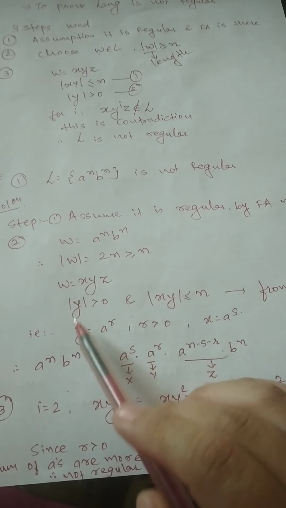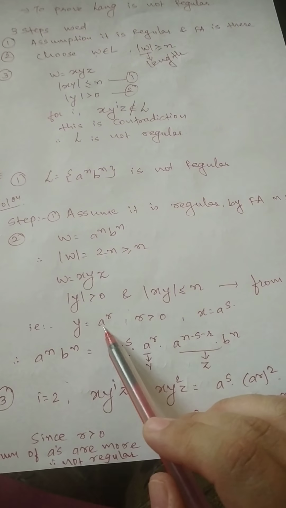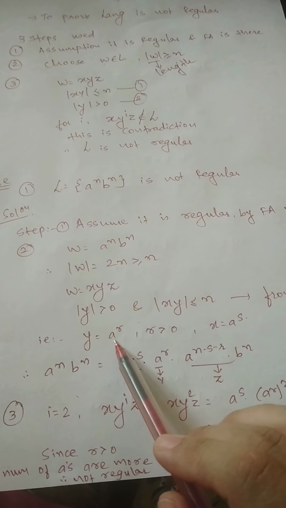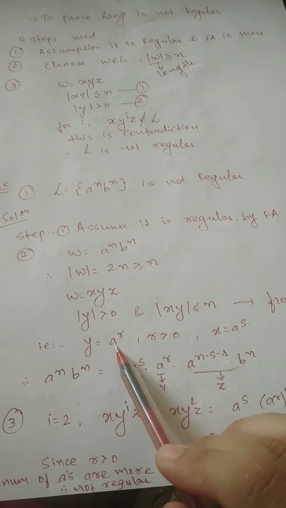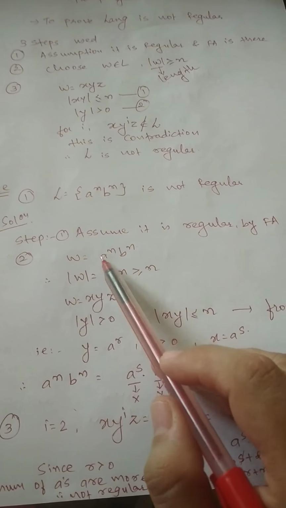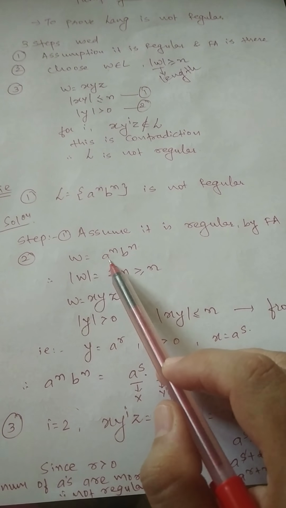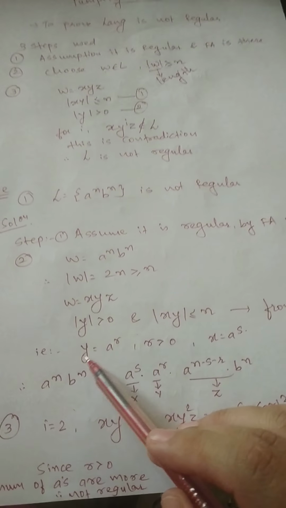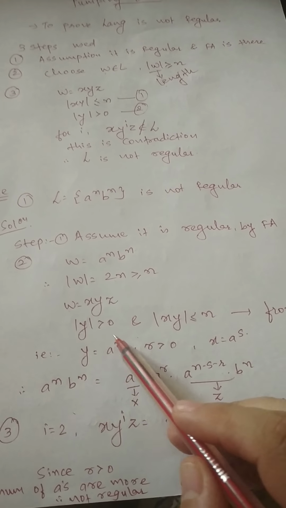Okay. So for the sake of simplicity, always try to take the parts from the first part of the string only, if you are dividing your string in the form of x and y, because it will be easier for you to prove that the language is not regular. So here for simplicity we are taking y as a raised to r. Why have we taken a raised to r?